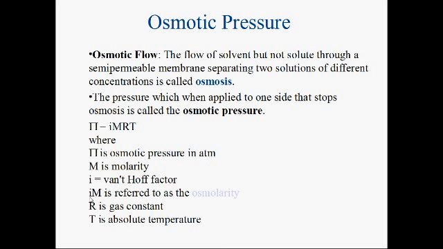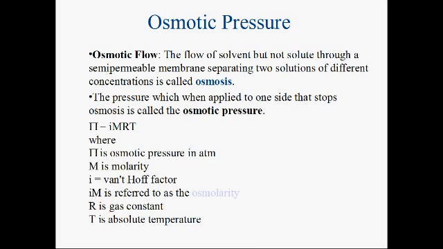And the quantity of the Van 't Hoff factor combined with molarity is also referred to as osmolarity. So the osmotic pressure is a pressure that will just stop osmotic flow. So if we have two solutions of different concentrations, the solvent will flow from the more dilute to the more concentrated.